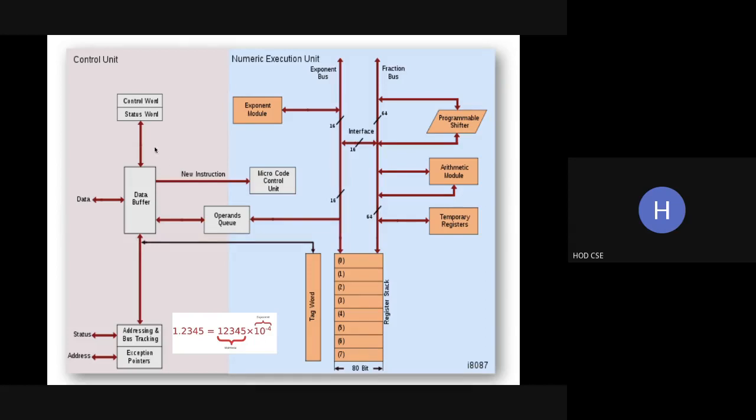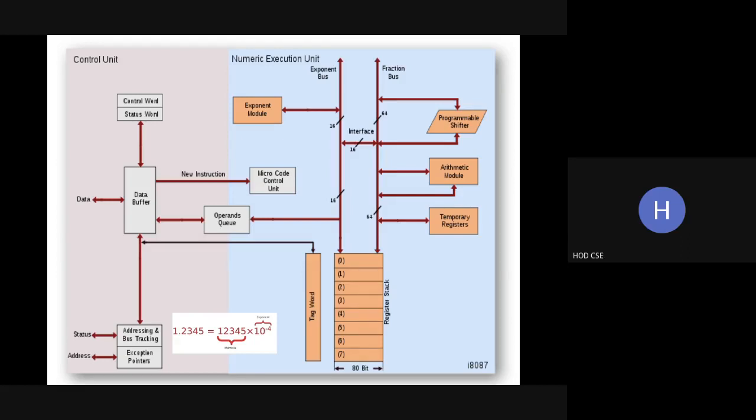Okay, so this control unit has the control word register and the status word register. These two are 16-bit registers. We'll be seeing that; every bit of these registers represents some data. The control word register is used to control the 8087 coprocessor, and the status word is used to read the status of the coprocessor.